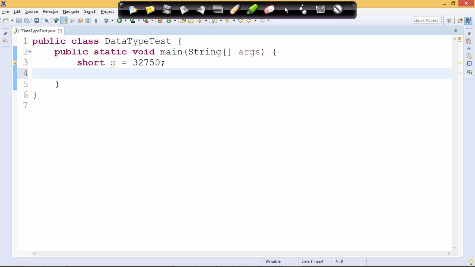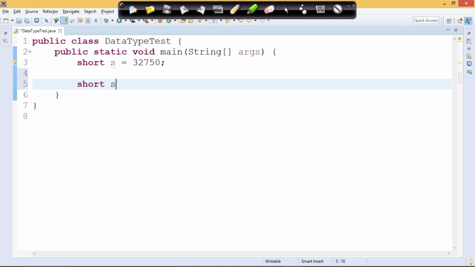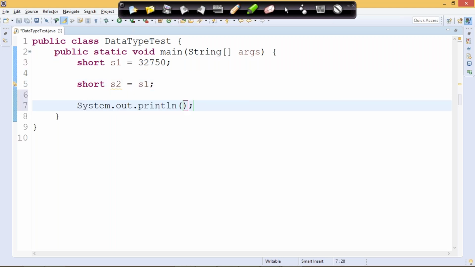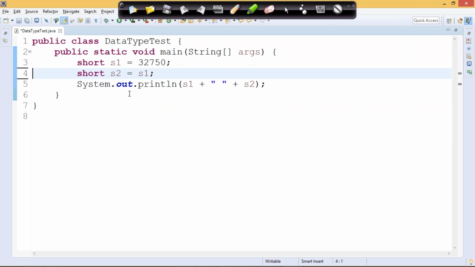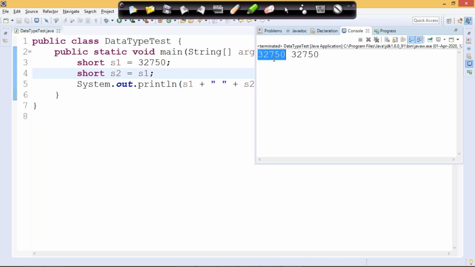Now I can assign it into one more variable of type short. For example, I call it S1. So now I'm going to assign it into S2, short S2 equal to S1. Now observe this. If you print S1 plus some space and S2, just observe this program. 32750, 32750.